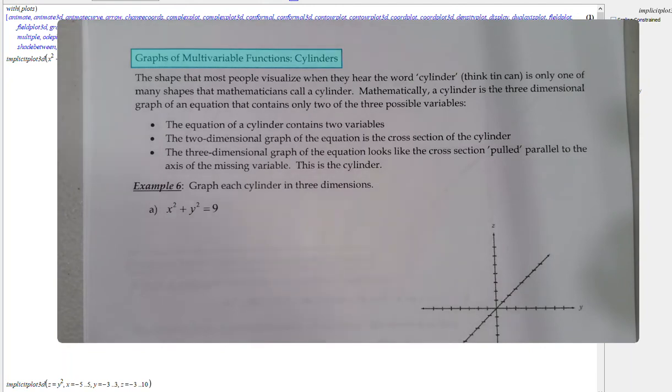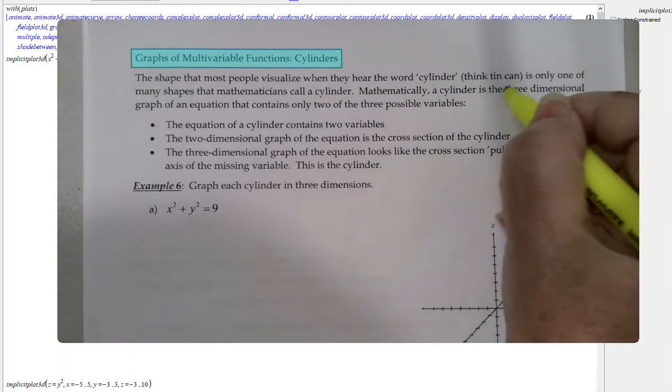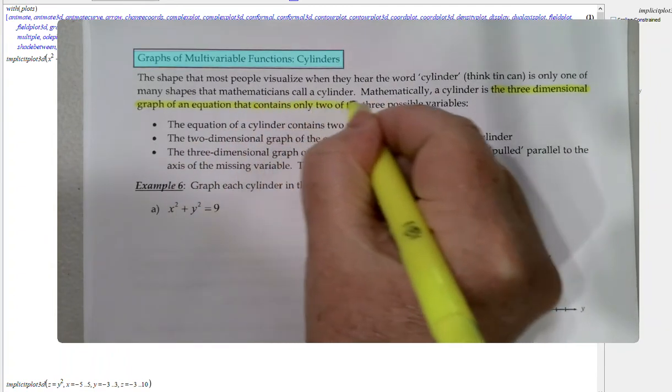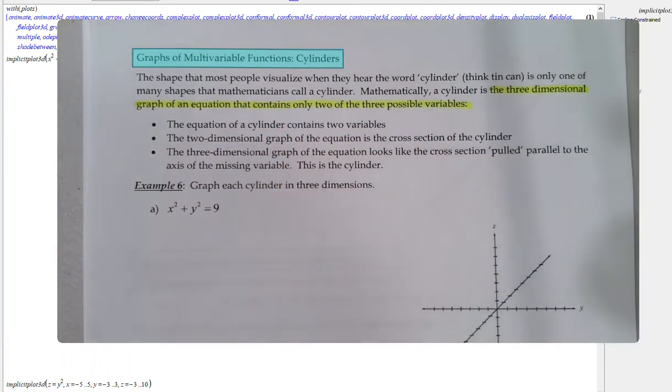Here's the mathematical definition of a cylinder. It's the three-dimensional graph of an equation that contains only two of the three possible variables. So we'll graph in 3 dimensions, but only 2 of the 3 variables will be in our equation.